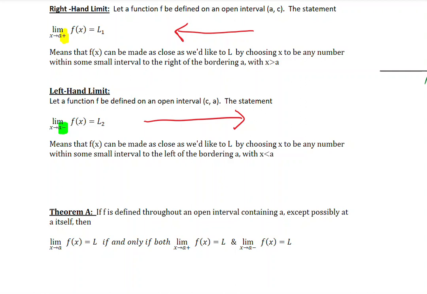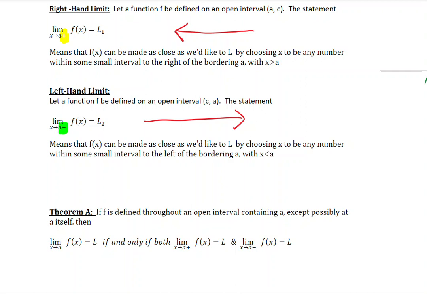That's important to understand, because in the first two examples that we saw, when we came in from the left and the right side, they closed in on exactly the same y height. But as I just mentioned, that's not always the case.